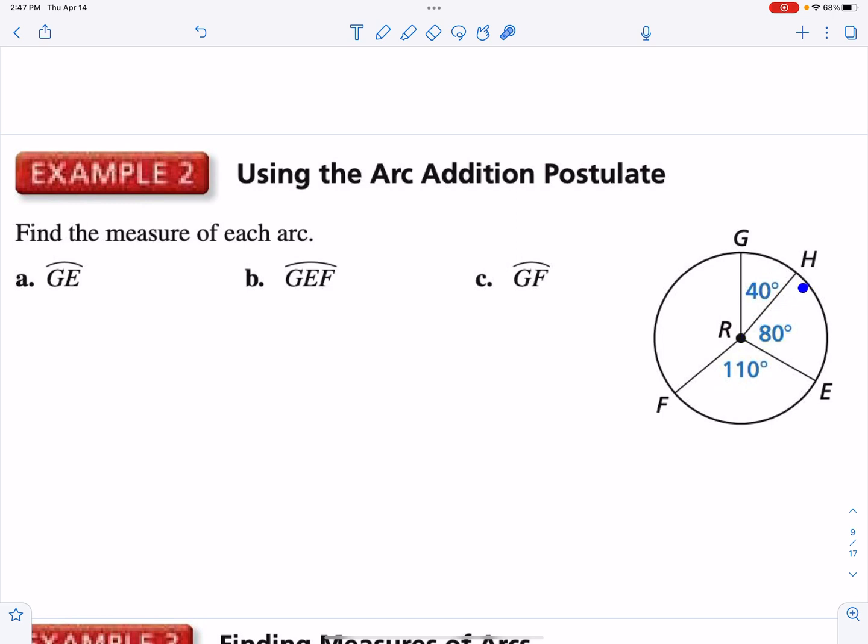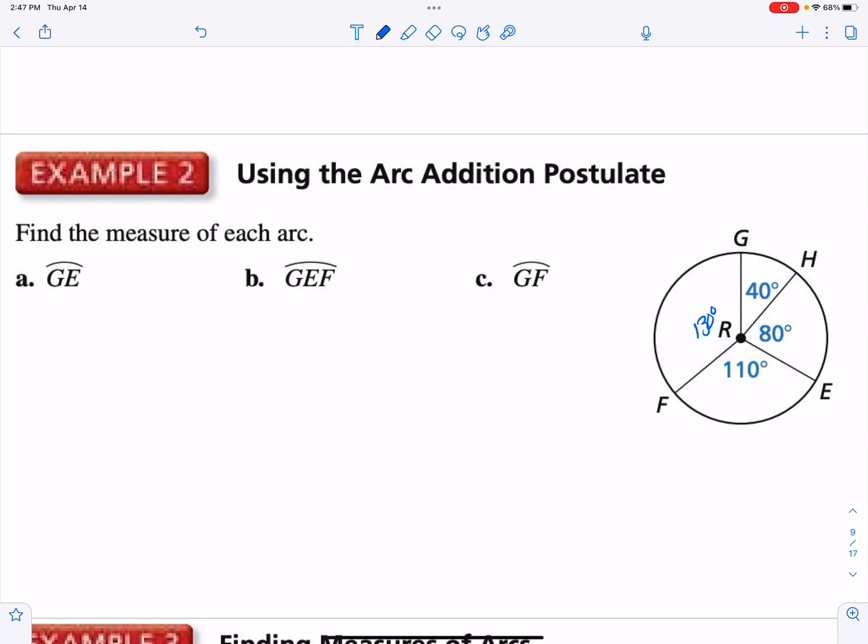That means it's not a straight 180-degree semicircle. However, I do know the total of the circle has to be 360. So if I subtract all of these degrees that I know from 360, I should be able to find my missing piece that will kind of help me complete the puzzle here. So once I have identified that that is 130 degrees, now I can go through and answer these questions.